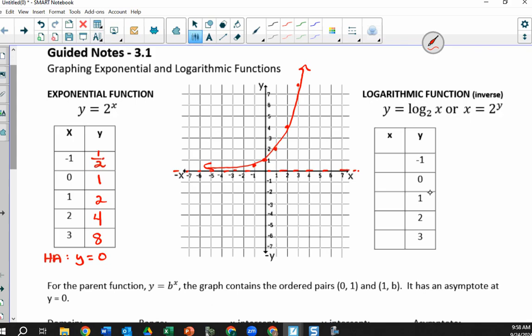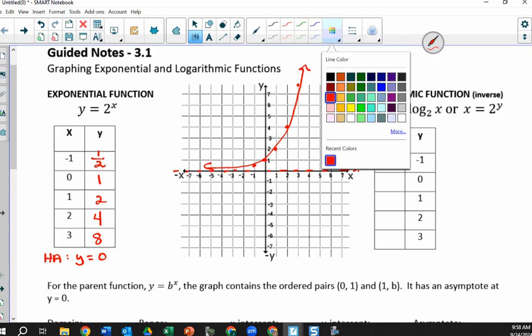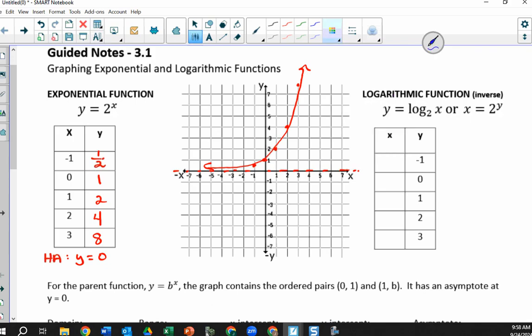Okay, I'm going to switch to a different color and do the log graph on the same xy axis here. So guys, log graphs, they are inverses of your exponential. What do we remember about inverses? Kind of. We switch something. Yes, so look at our table.